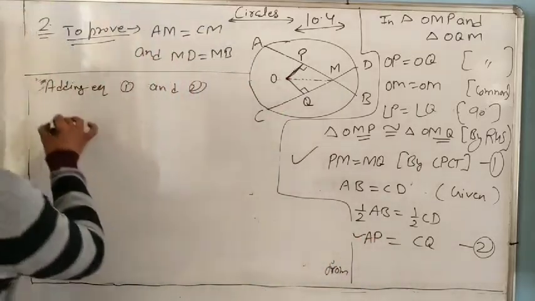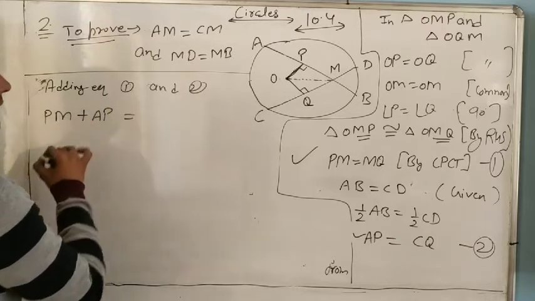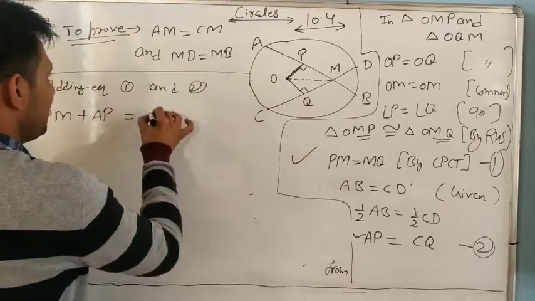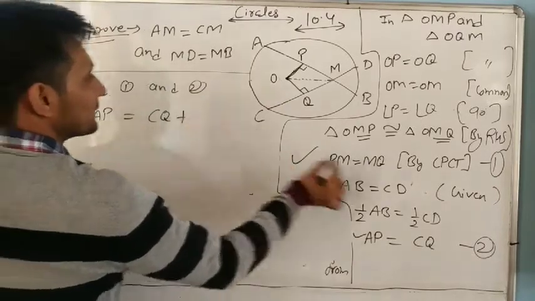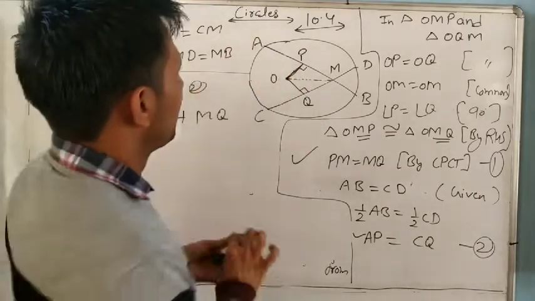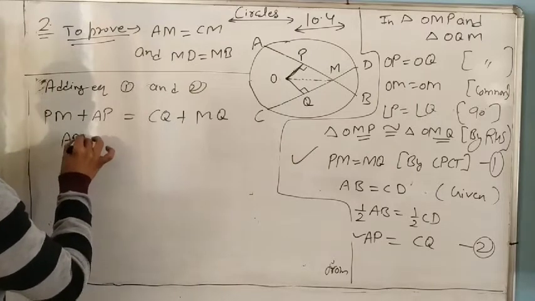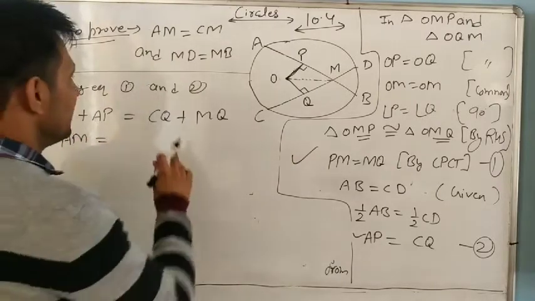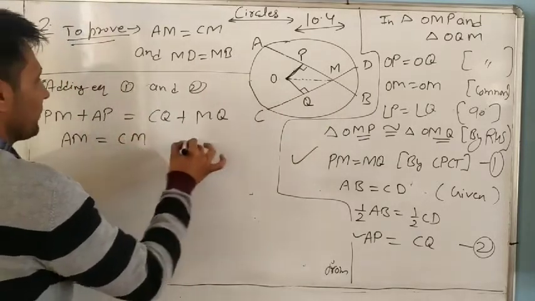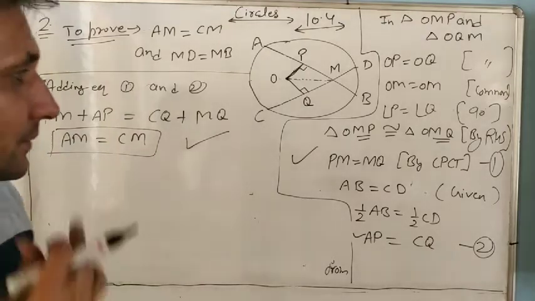PM plus AP equals CQ plus MQ. And tell me, PM plus AP is equal to AM, and CQ plus MQ is also equal to CM. We already proved that. Understand?